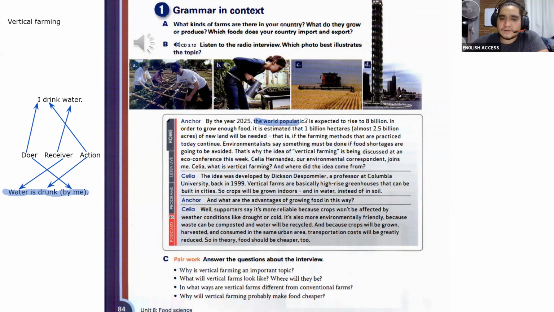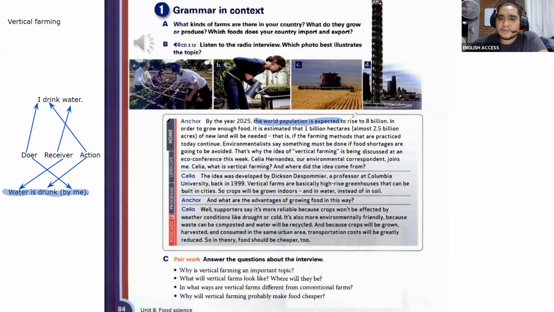Yes, the world population is expected. What else? Follow the reading, and if you find one, tell me.